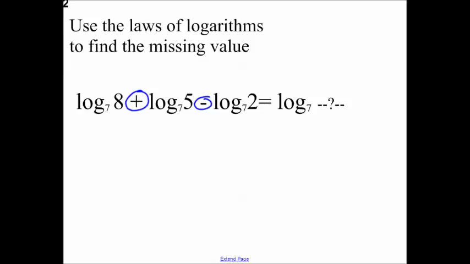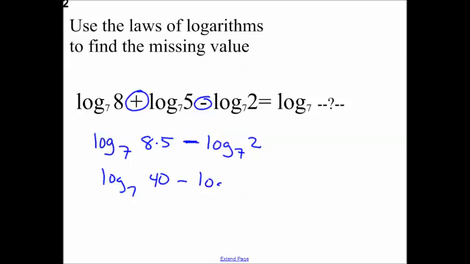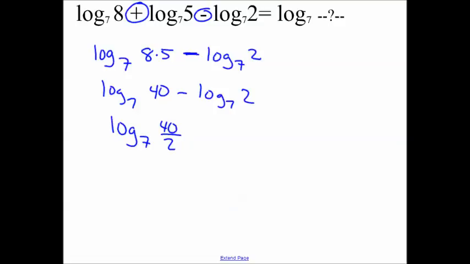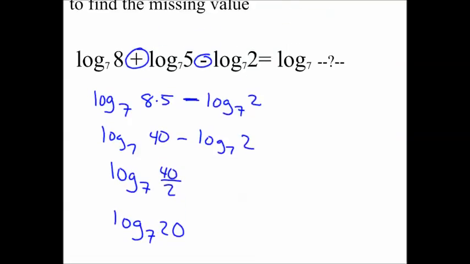We're going to multiply here first, so that's going to be log base 7 of 8 times 5 minus log base 7 of 2, and then because you see the minus, we have log base 7 of 40 minus log base 7 of 2. Minus means divide, so then we would go ahead and do 40 divided by 2, and our answer is just log base 7 of 20. So the missing value they want here is 20.